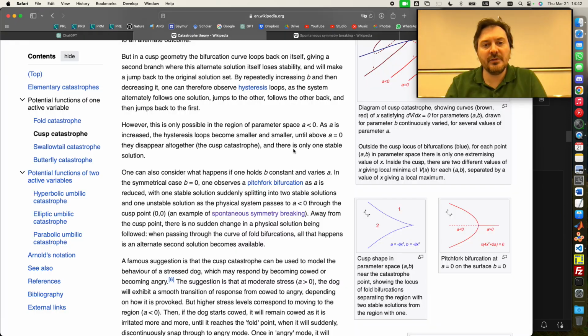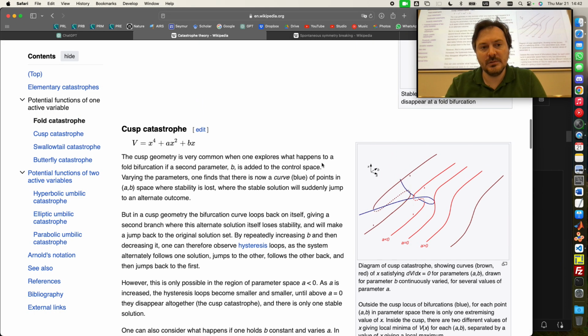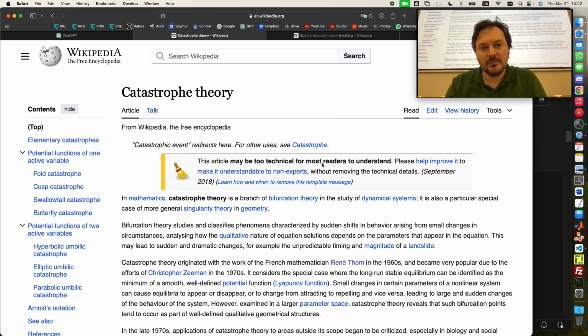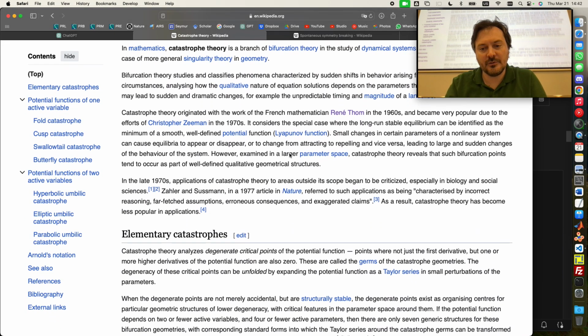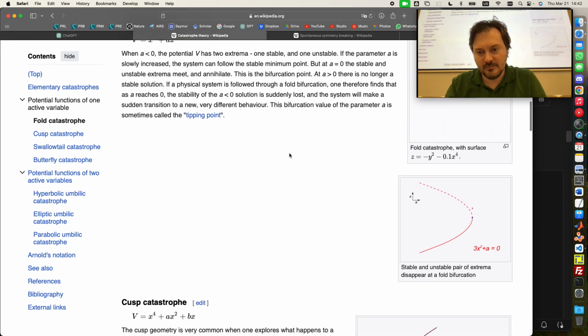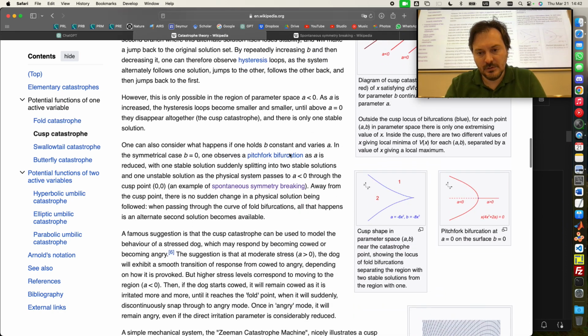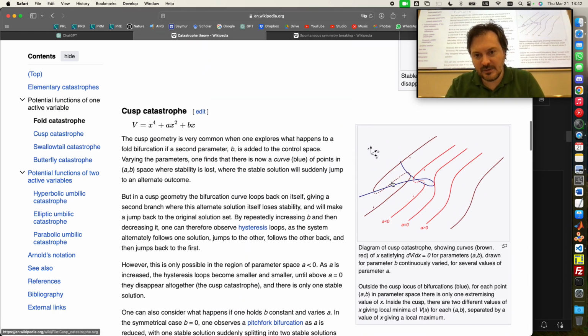Actually, what we are plotting right now is part of catastrophe theory. Look, if you plot that thing that goes like this and just follow it in 3 dimensions, it starts like this, then it gets smaller and smaller, and then it becomes like that.